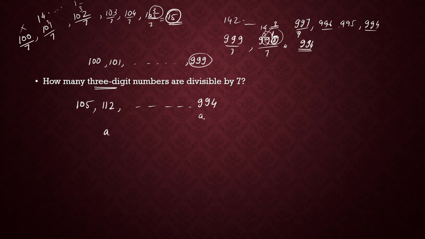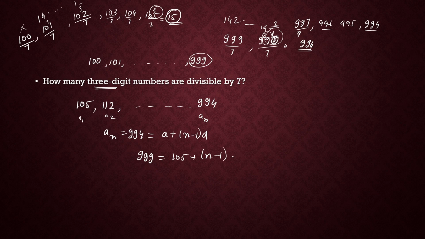If I consider this as a1, a2 and so on, an is equal to 994, and that is equal to a plus n minus 1 into d. You know a is equal to 105 plus n minus 1 into d, where d is 7. Just solve this equation by yourself, you will get the value of n.